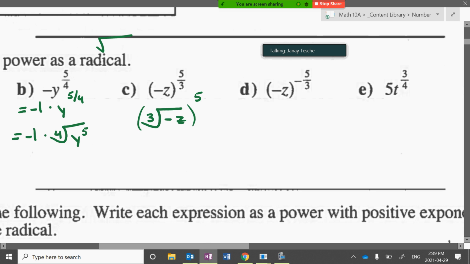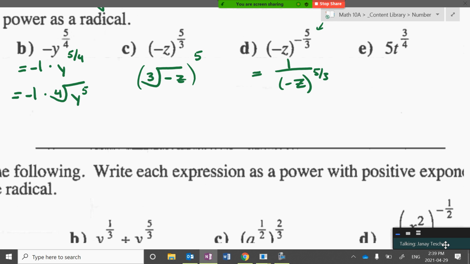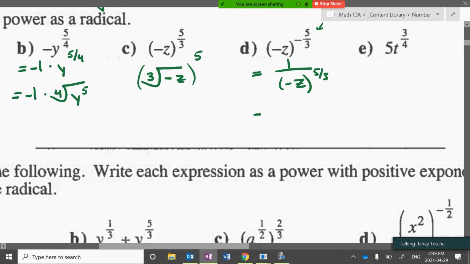A slight minor change on d is that now I have a negative exponent. I personally would first get rid of that and rewrite it, or at least think of it like this in my head. Convert it to that positive exponent, and then I would write it as a radical. This question is actually kind of a terrible question, as you're going to find out later in your math lives.